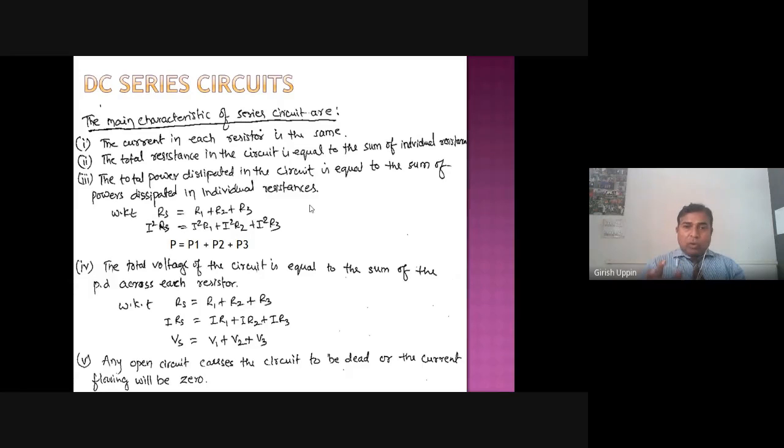So the total power consumed by the complete circuit is equal to the sum of the power consumed in the individual resistances. This is similar to the example we solved about the lamp. In that question, how many kilowatts are consumed by 250 lamps with some specification?